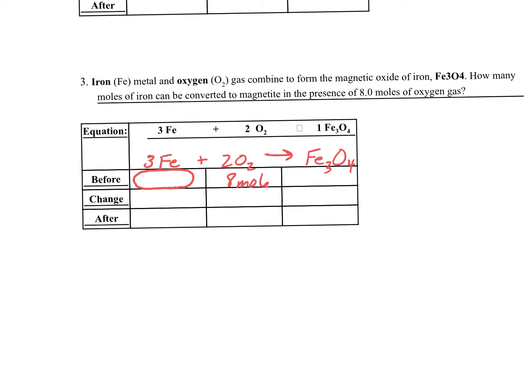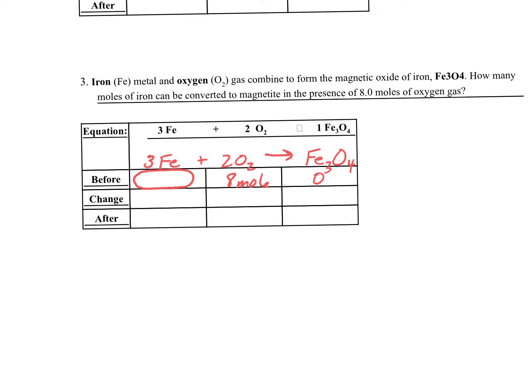So let's just start filling in this BCA table. Before the reaction starts, we've made 0 magnetite. Now, let's just fill in the whole table here. I will show just how much magnetite we can make, even though the problem's not really asking that. All we have to do is look at how much oxygen is being used, and the coefficients between oxygen and magnetite are 2 to 1.